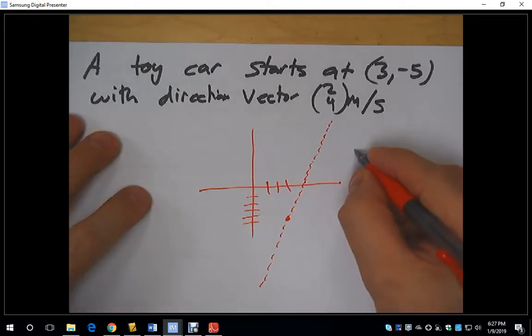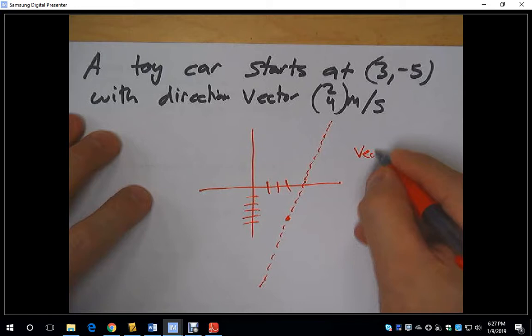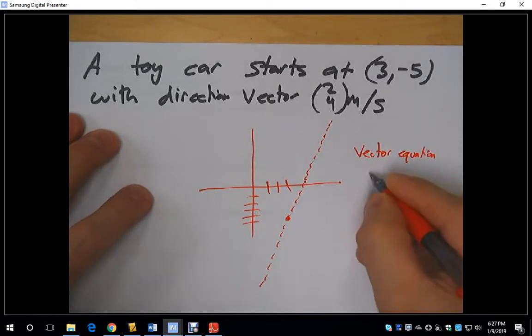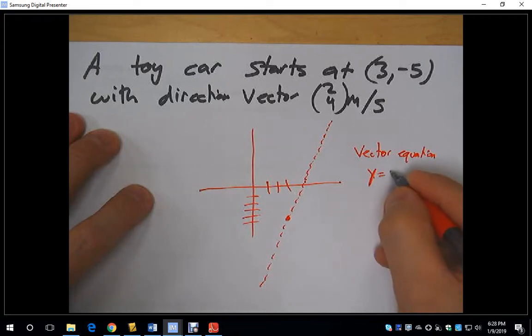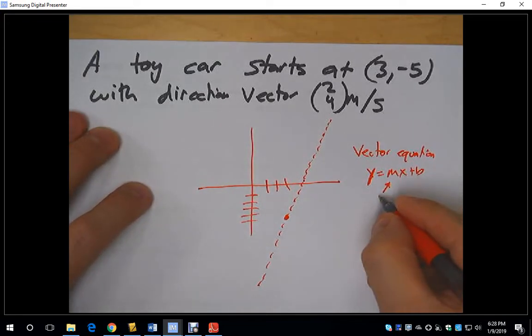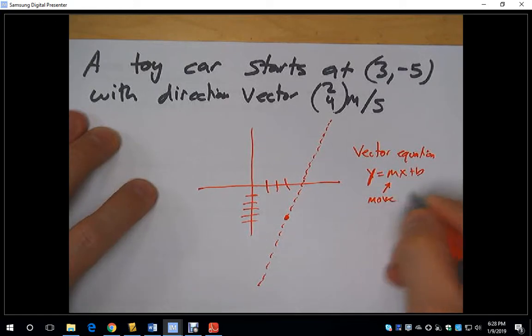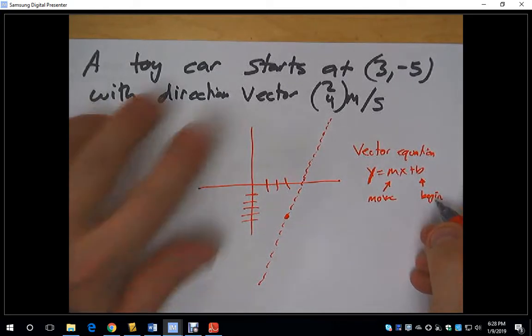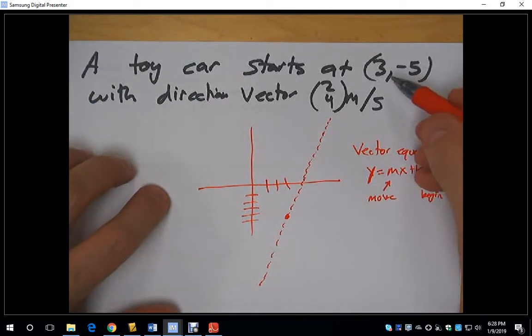So because it's a line, for our vector equation, I'm going to use our slope-intercept form of y equals mx plus b. I always tell my students that the m stands for my move, and the b stands for my begin. Now the begin is usually my y-intercept, but in this case, our begin is this particular point here of (3, -5).